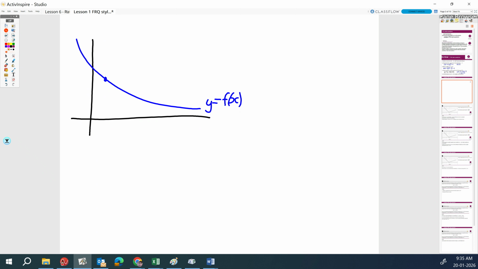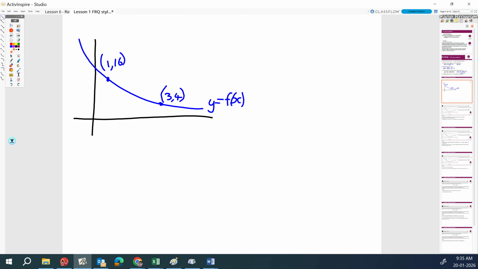It goes through this point here at 1, 16, and through this point here at 3, 4. L of x is a secant line that passes through the curve at these 2 points.